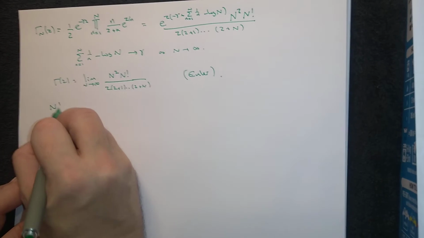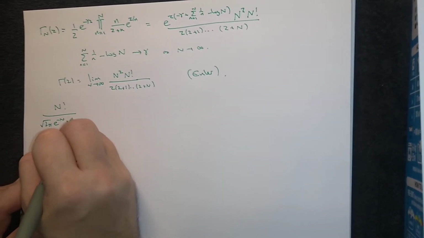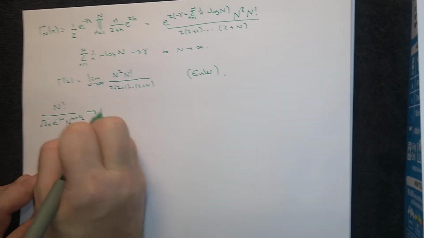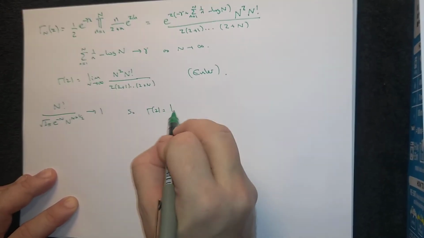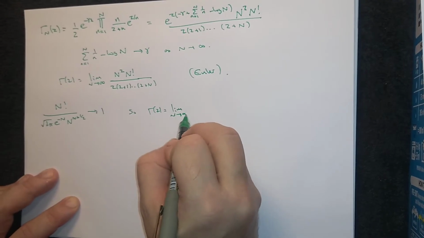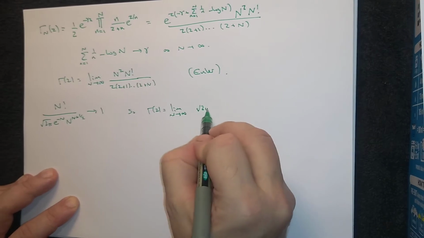We also have Stirling's approximation, which we can write as the ratio of those two terms goes to 1. So gamma of z is the limit as n goes to infinity. We can replace the factorial there by Stirling's approximation.